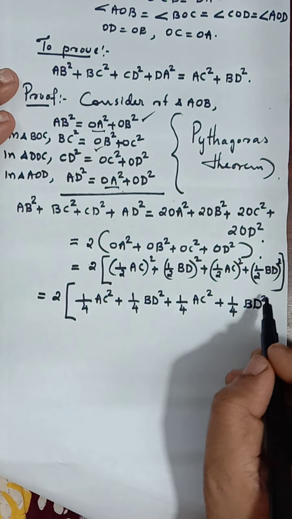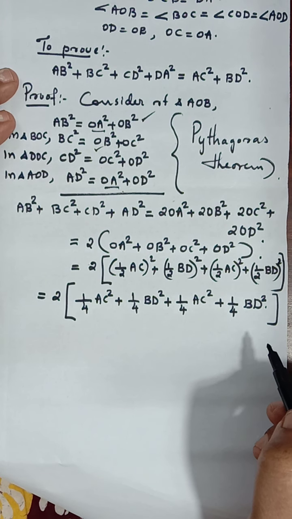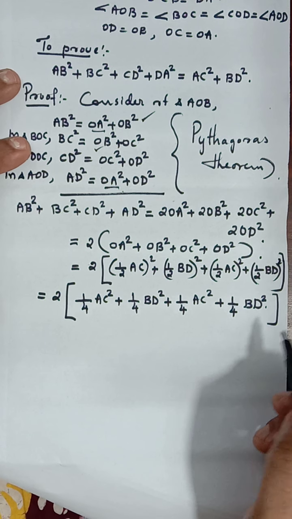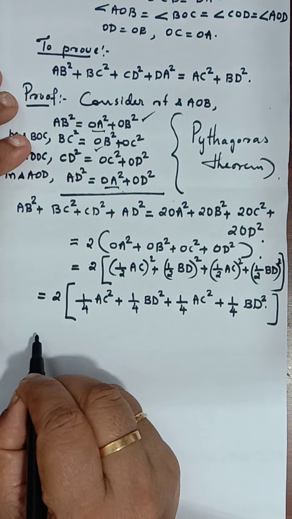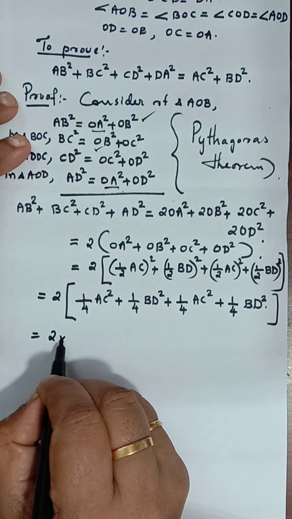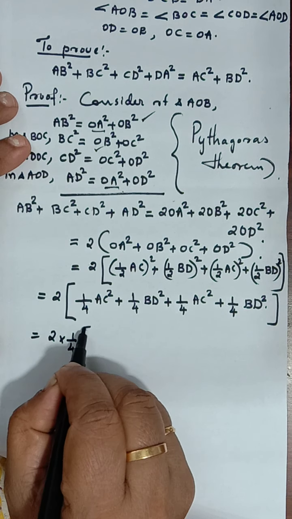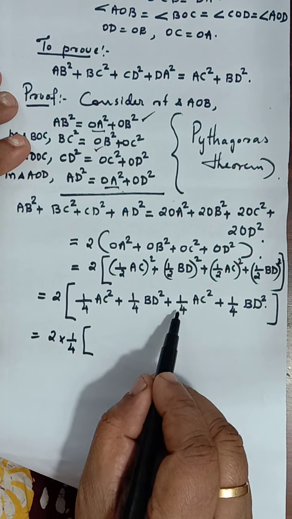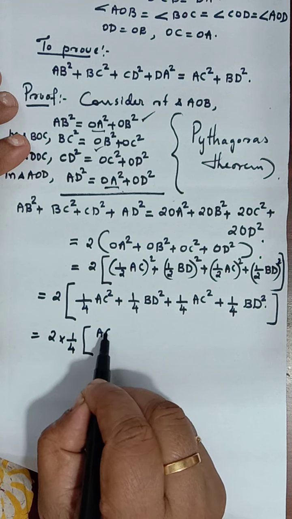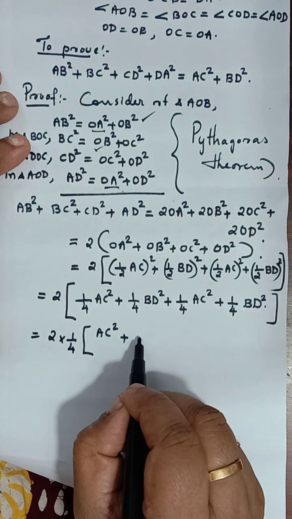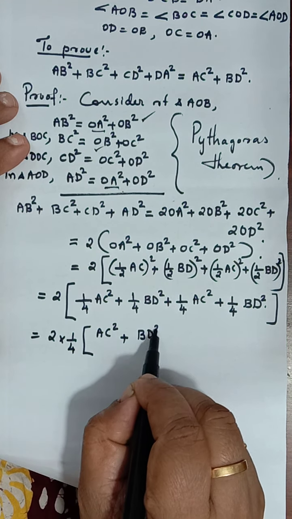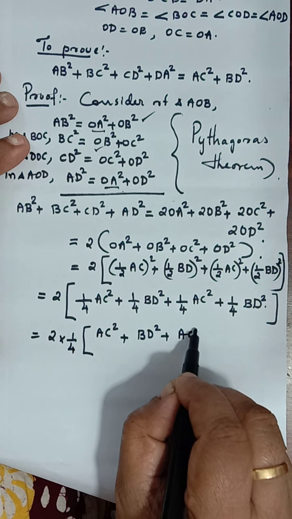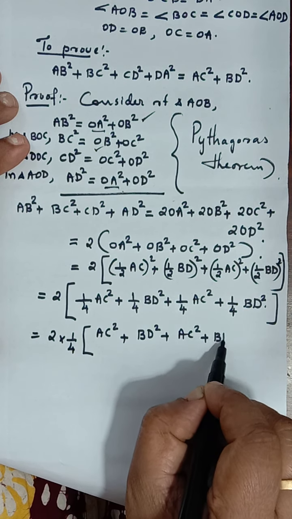Now let us take 1 by 4 outside. That is 2 into 1 by 4, and we have AC square plus BD square plus AC square plus BD square.